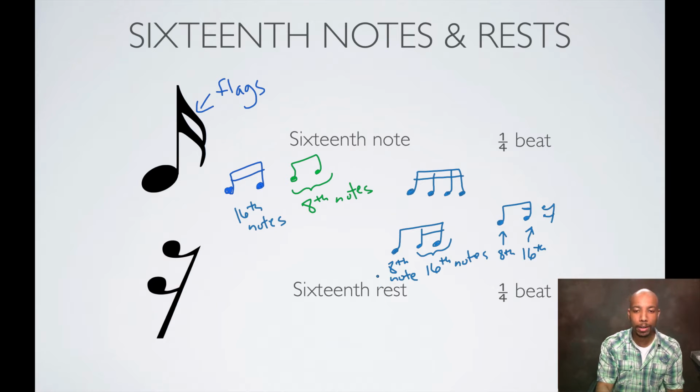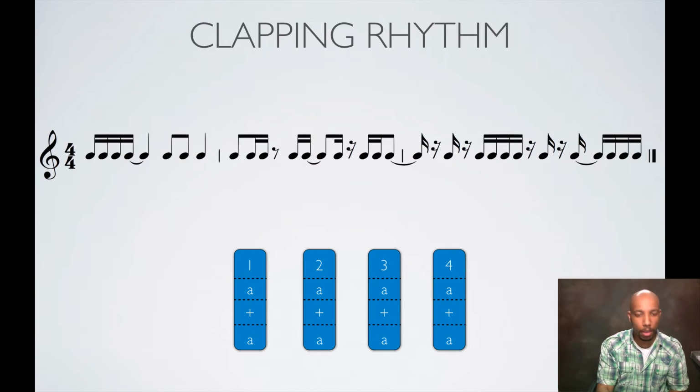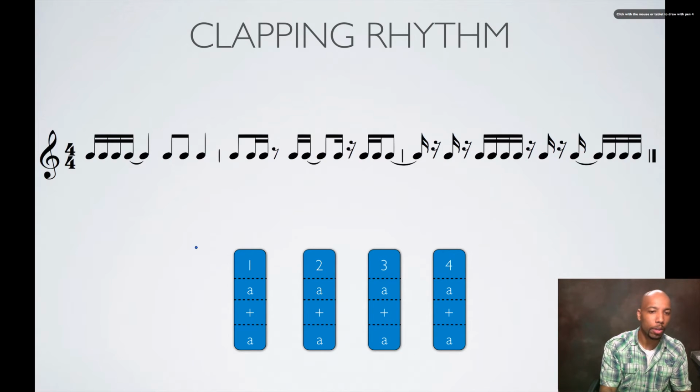Let's take a look at how to clap these. You're going to notice we have another change: now our beat is broken into 4 pieces, because remember, a 16th note is a quarter of a beat. So we have to break our chocolate bars, or our beats, into quarters, and we need a new way of counting every piece.